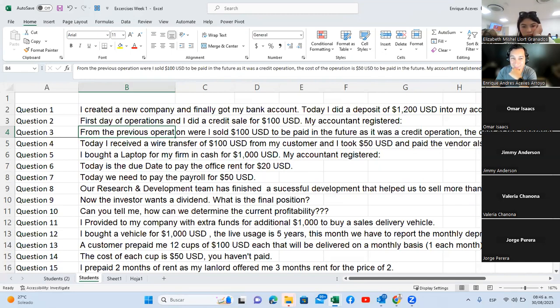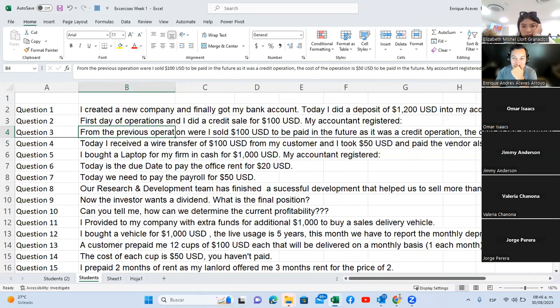Anybody, guys, who raised their hand? Debit cost of sale, credit liabilities. Why credit liabilities? It's like liabilities, accounts payable, because we have to pay it in the future. Awesome. And why cost? Because it is how much it costs us.